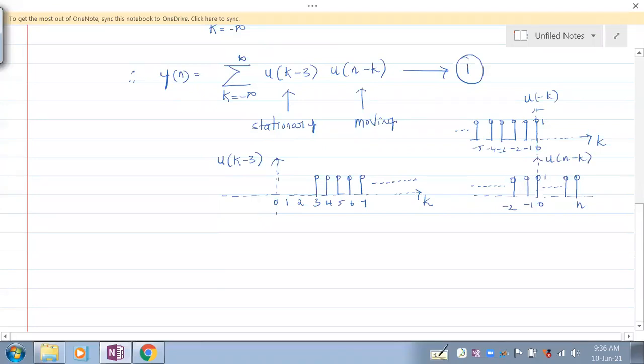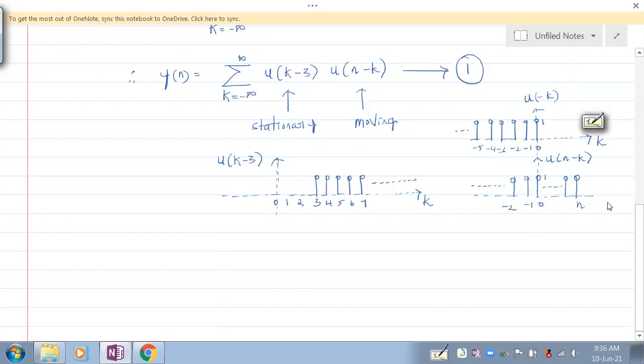This particular thing that we have done here is something that you will have to understand for every convolution sum problem. Understand? This is u of minus k. Then how would it look if I shift this u of minus k to the right by n units? So this is how it is going to look. I'm shifting it towards the right by n units.